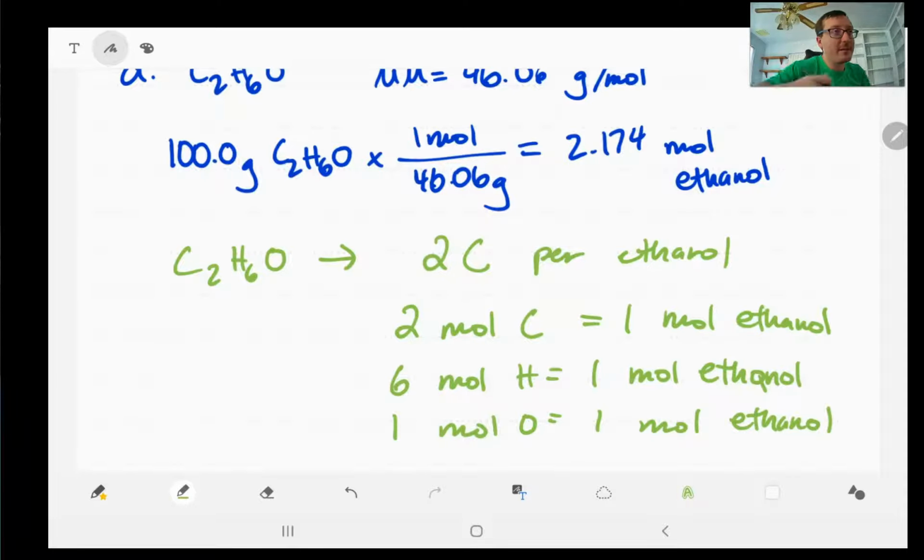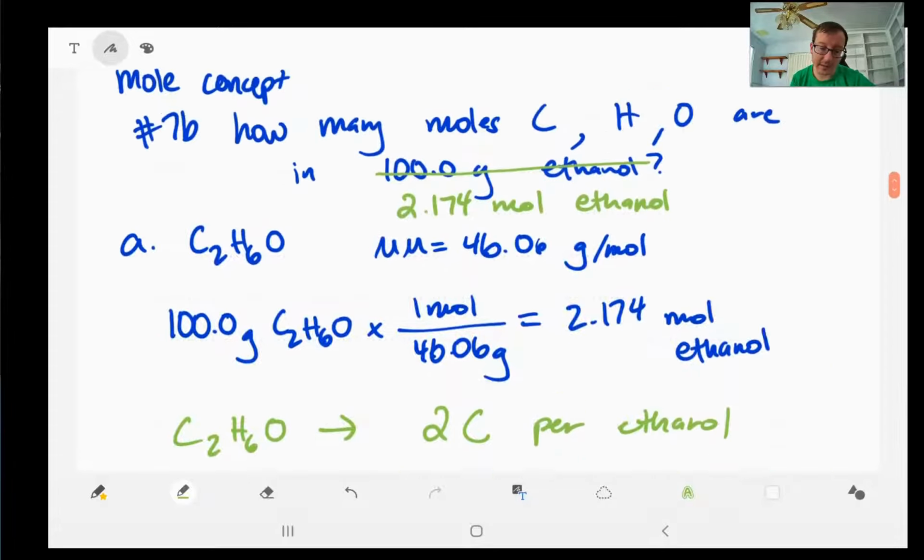If you were to break this molecule apart, if you had 3 of these molecules and you broke them apart, you would end up with 6 carbons at the end, because you had 3 of them and each one had 2, so you have 6 total. If you have 6.022 times 10 to the 23rd ethanols, you have twice as many carbons because each ethanol had 2. And so these are the conversion factors we get out.